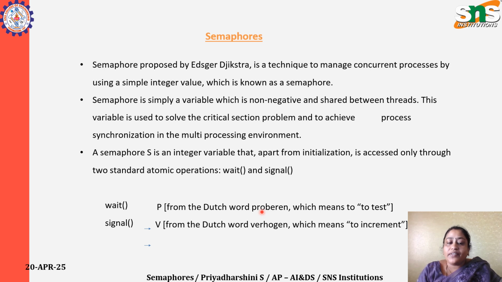So remember, when the wait operation is given in the critical section, in the entry section we will be requesting, so the wait operation will be executing in the entry section part of the critical section problem. The next operation is called the signal operation. The other form to define the signal operation is V. It is also derived from the Dutch word verhogen, which means to increment.